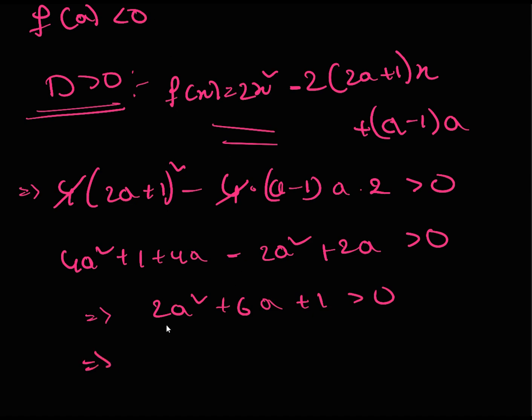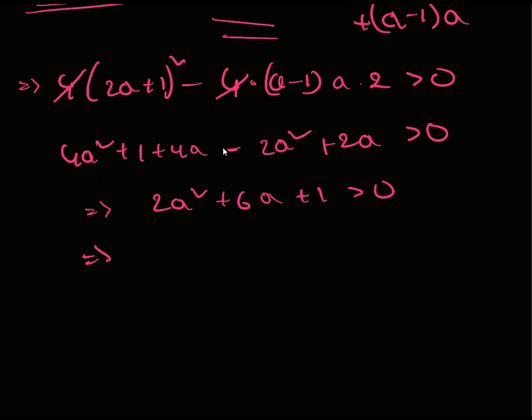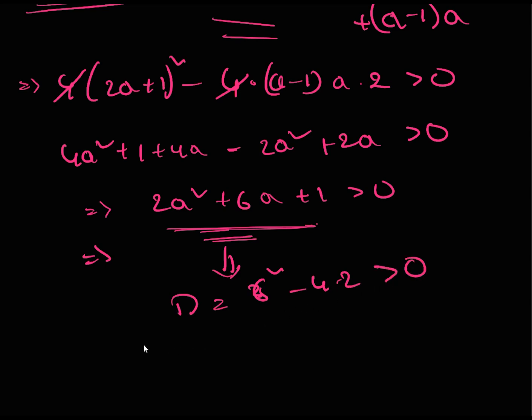Now we have to find the roots of this equation. Clearly the discriminant of this equation equals 6 square minus 4 into 2, which is greater than 0.